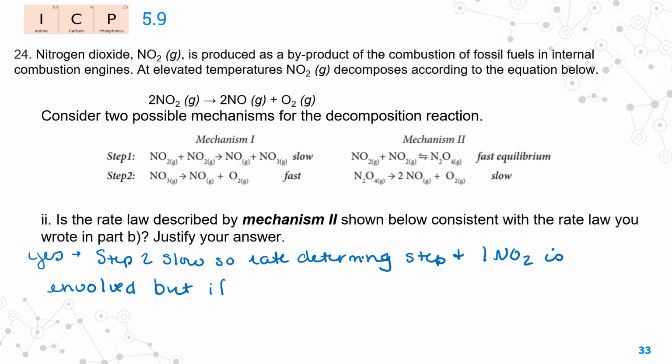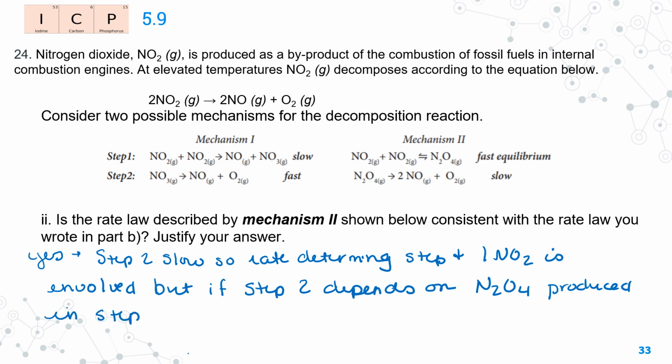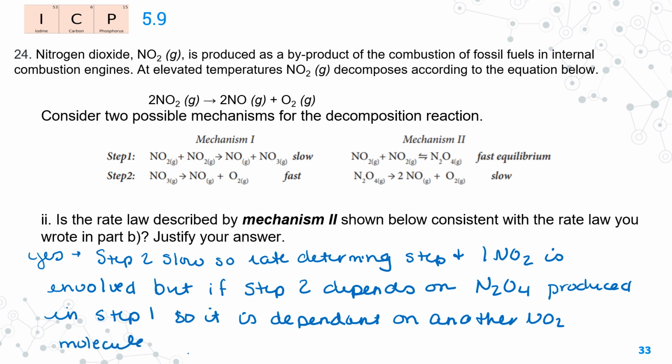But step 2 depends on the N2O4 produced in step 1, so it is dependent on another nitrogen dioxide molecule.